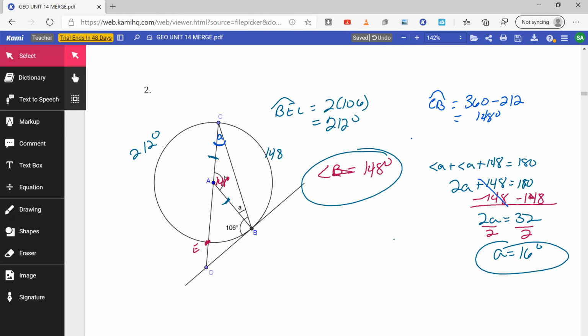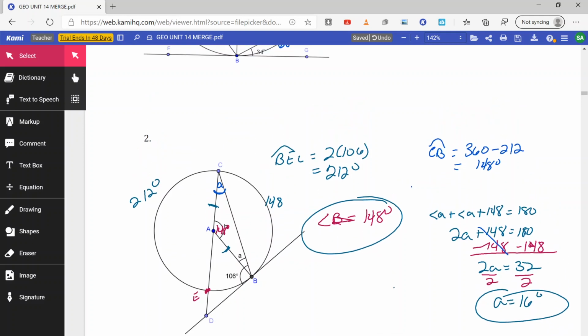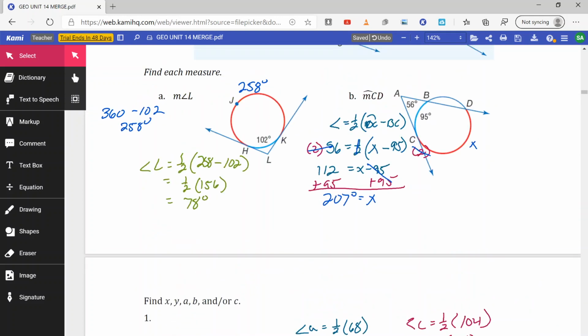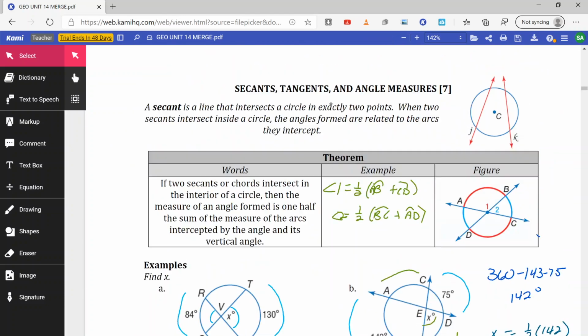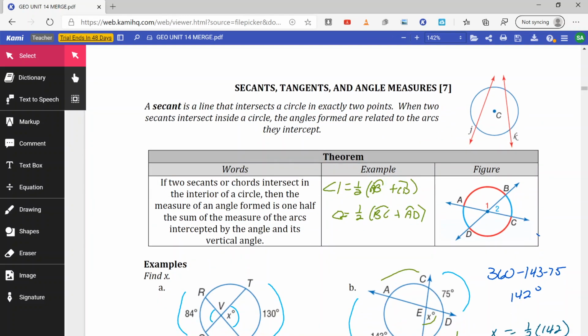So that is secants, chords, and tangents intersecting within and outside a circle. If chords and secants or chords and tangents are intersecting within the circle, I'm going to add the vertical arcs and cut in half to get the angle measure.